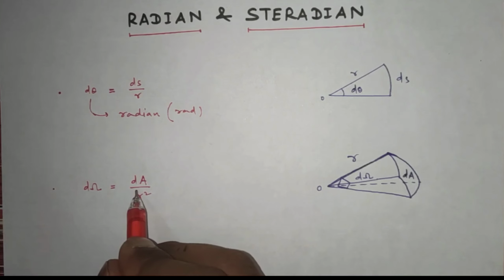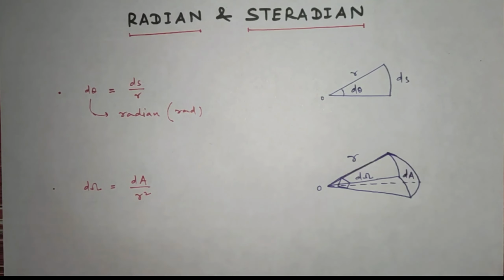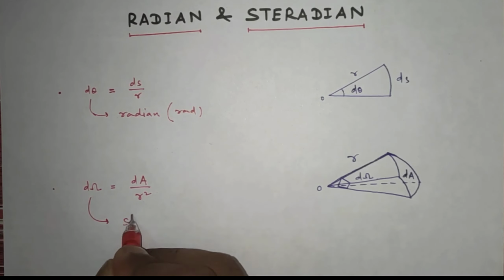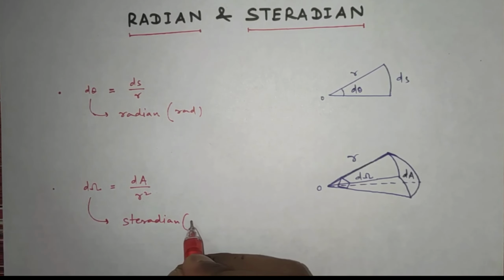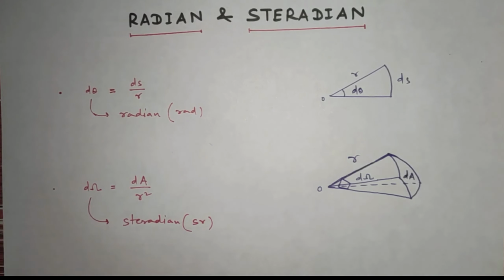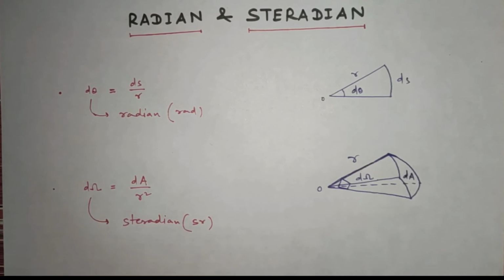So its unit is steradian. In symbolic form we can write it as sr. So these are all about radian and steradian. One more thing is that the quantities plane angle and solid angle are dimensionless quantities.